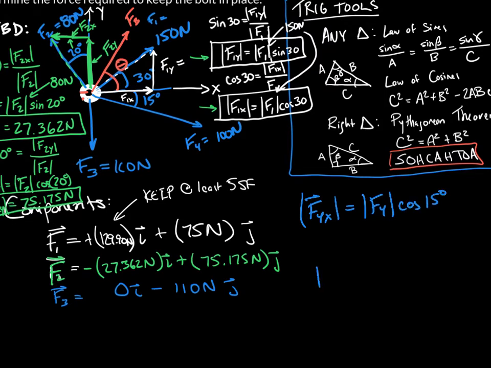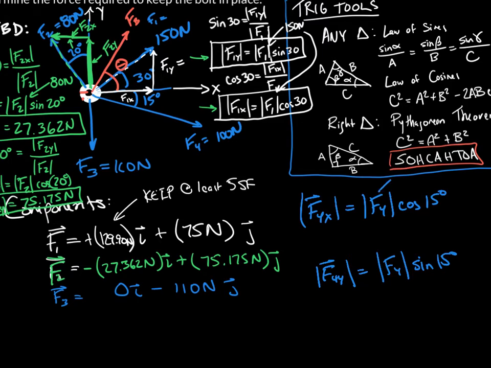And I could say that the magnitude of F4y equals F4 sine of 15 degrees. Okay, and if you're not that great at trig, I highly recommend that you go through it and make sure that you can make that make sense to you. Where in this case, F4 is 100 newtons.